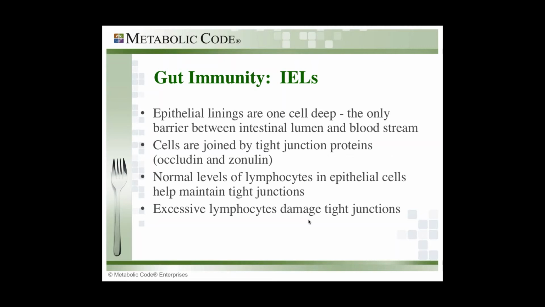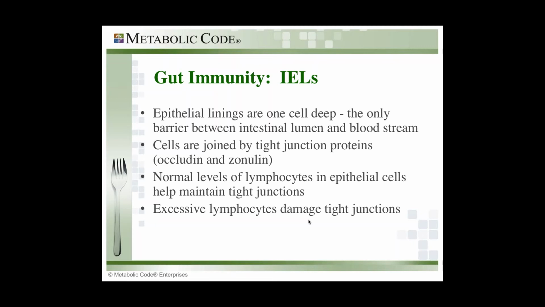And zonulin is a substance that will temporarily break down those occludins for the purpose of the immune system being able to reach through those gaps between cells and take out any problematic substances that are coming through in the intestines, whether it's bacteria or whatever.